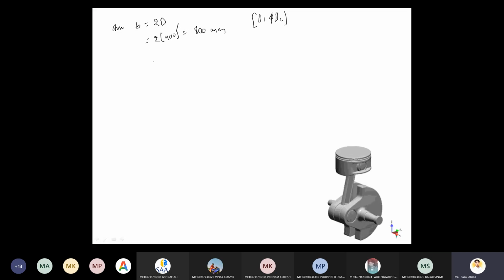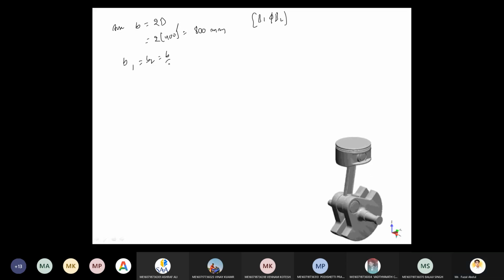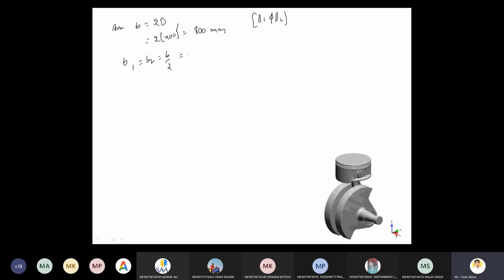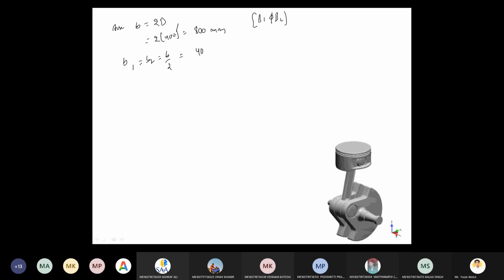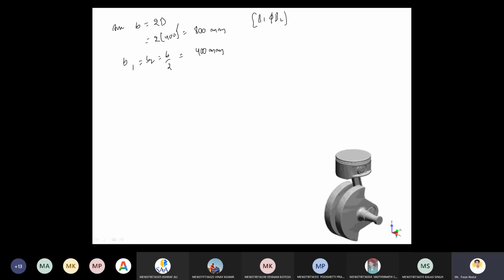And b1, b2 is the empirical relation b by 2, that is 400.